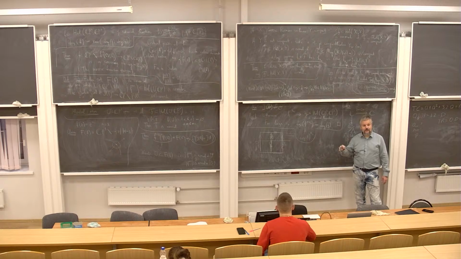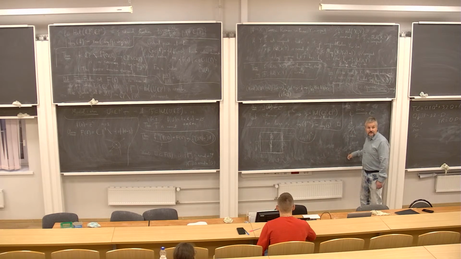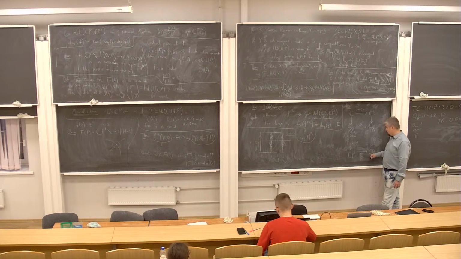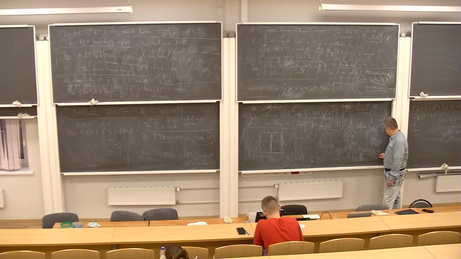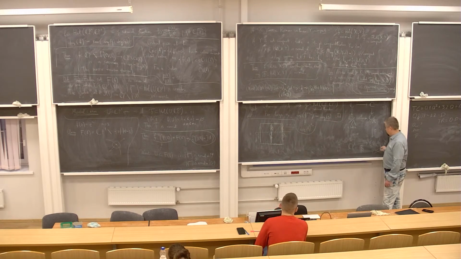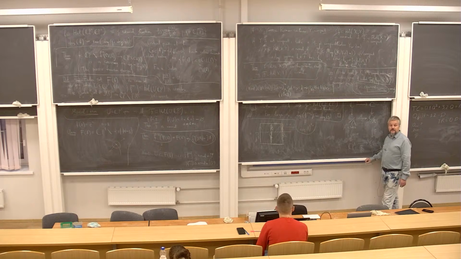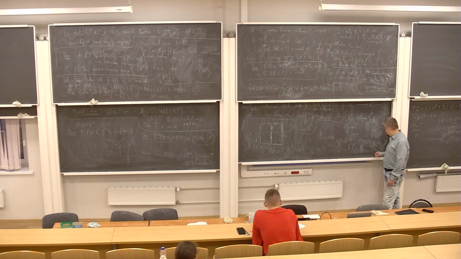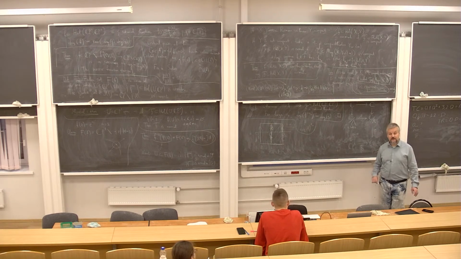Namely, P of 2z can be expressed as a rational function of P of z. This is called the argument doubling formula. And here you see this rational function. It can be written completely explicitly, by an explicit formula, and that gives you the formula for the argument doubling of the Weierstrass function.